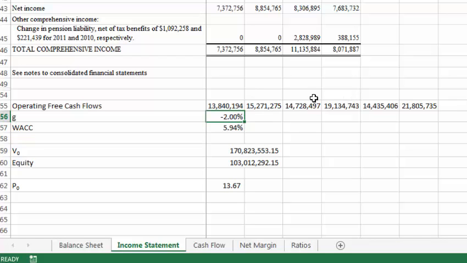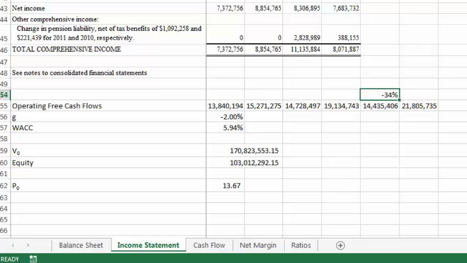And just so you can see that that's not that bad, let's actually take a look at how fast that has been growing. So we'll say equals this number minus this number divided by that number.